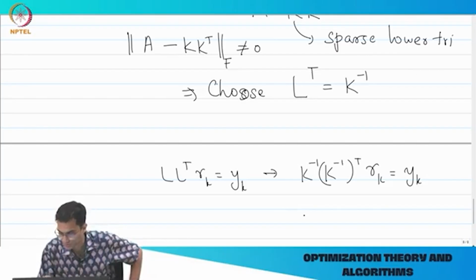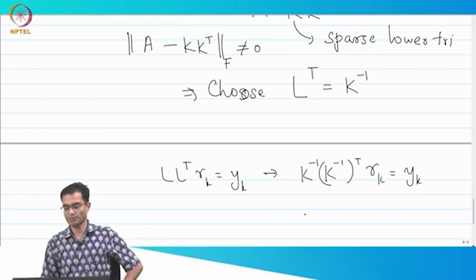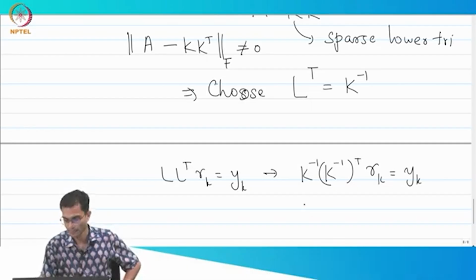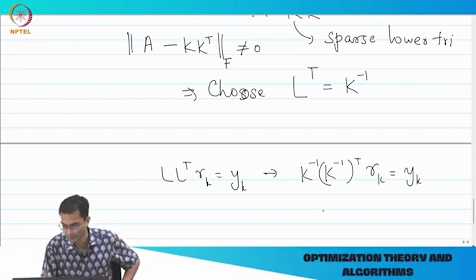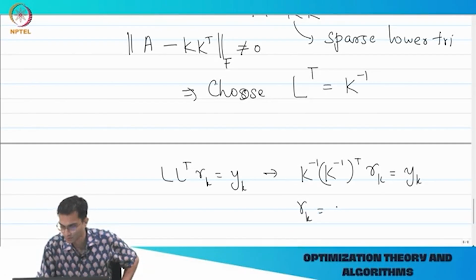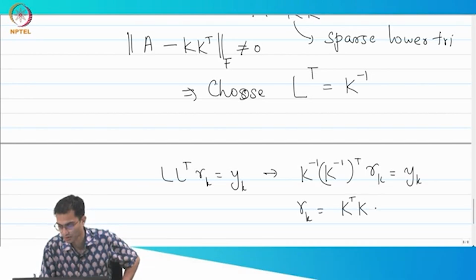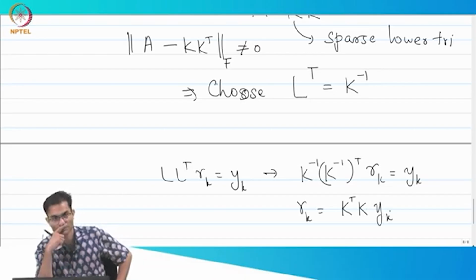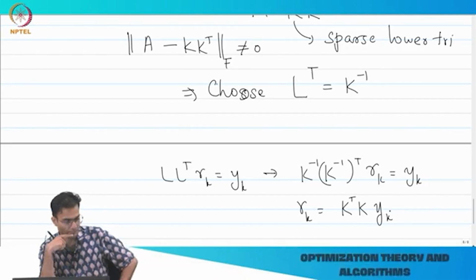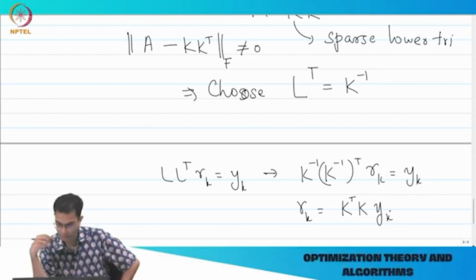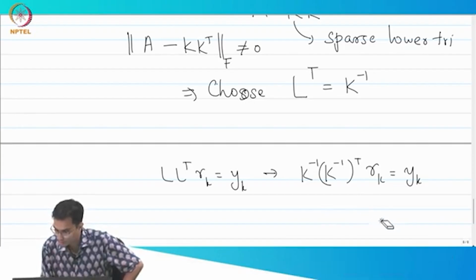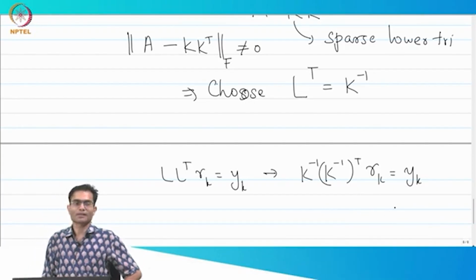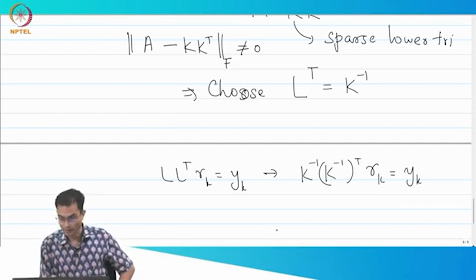So how can I write this? Can I simplify this further? I can take this to the other side, so what will I get? I will get RK is equal to K transpose K YK. Is that right? Or did I get one transpose wrong? Let's check if this expression is correct.